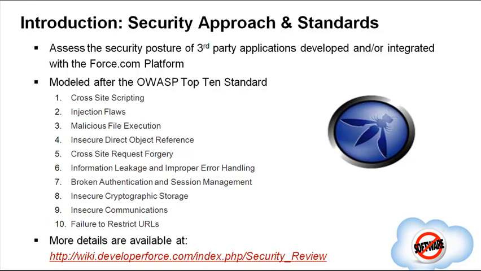It's modeled after the standard OWASP top 10 vulnerability list, and we're looking for things like cross-site scripting, any injection flaws, broken authentication or session management schemes, insufficient authorization, insecure cryptographic storage, among other things. All these details are outlined on our security review page, which can be linked directly from the Secure Cloud Development homepage.